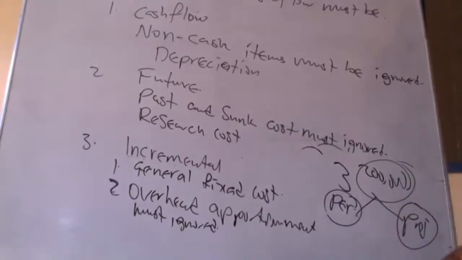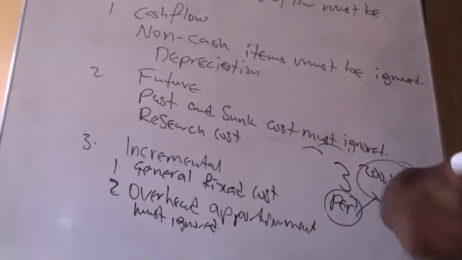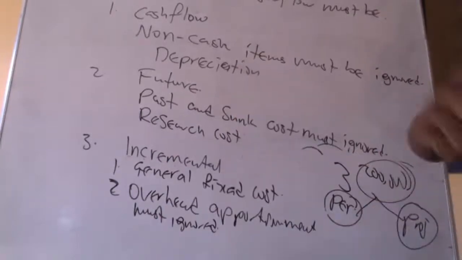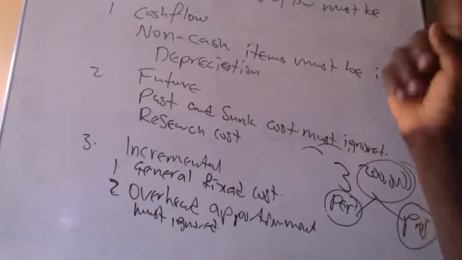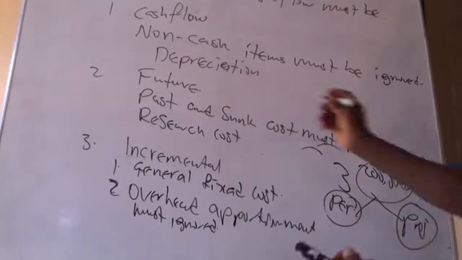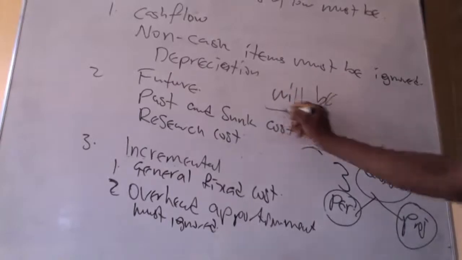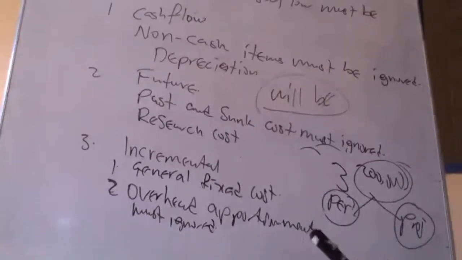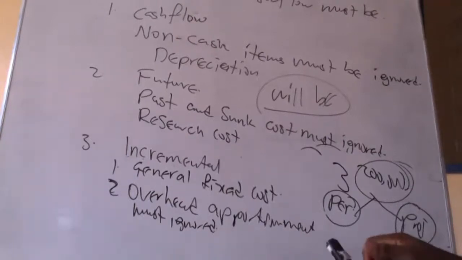In exams, when they quote fixed costs, make sure it is the extra one they will incur when they accept the project. So take note: will be incurred, not already incurred.